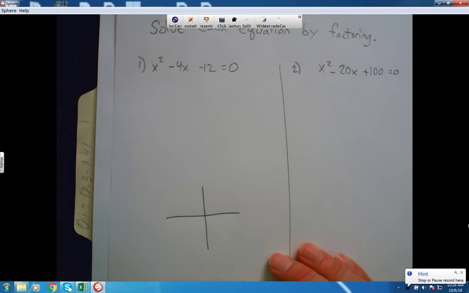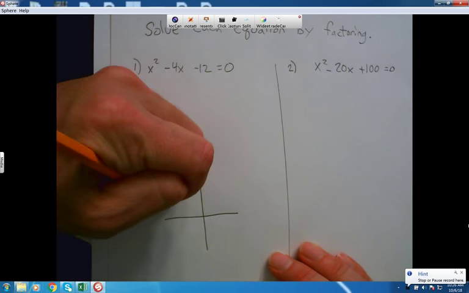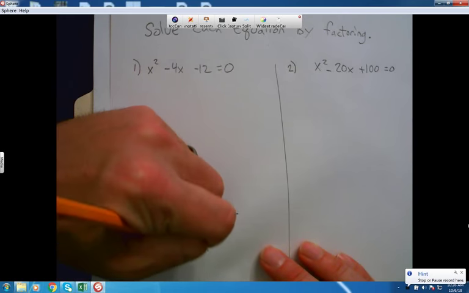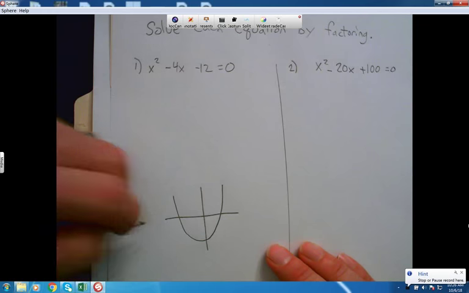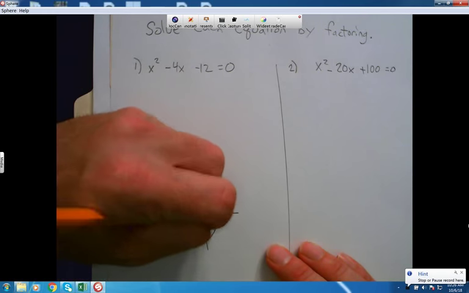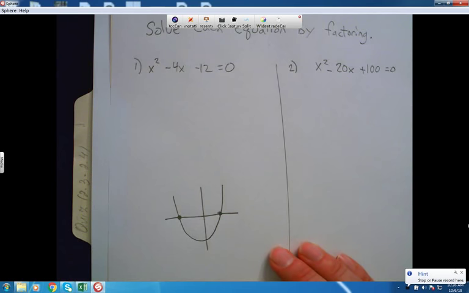Remember last unit we were solving quadratics by graphing. Solving a quadratic, maybe a quadratic looks like this, right? Solving a quadratic means figuring out where that quadratic hits the ground. And remember last unit, we would put this into the graphing calculator.